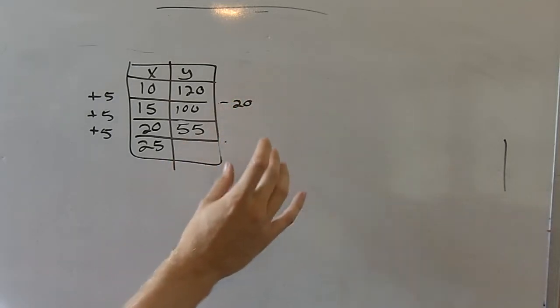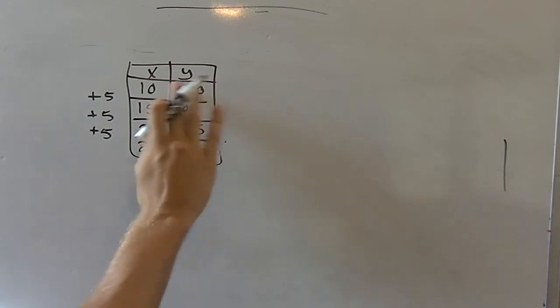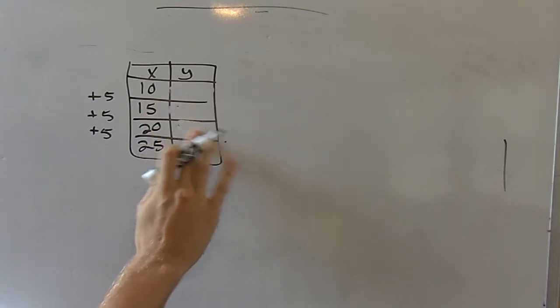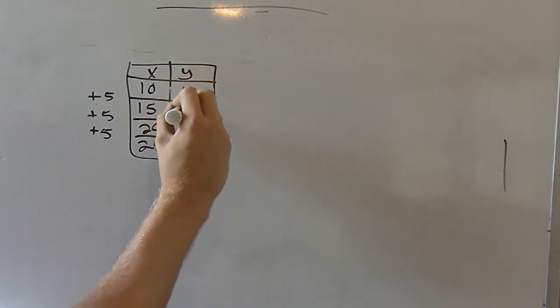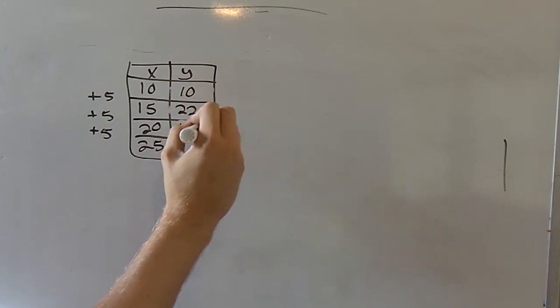Typically the rate of change you're going to see over here is going to be getting bigger; y will increase by a greater amount each time. So it may increase by 12 and then 20 and then 28. So the increase is being increased by 8. Let's say for example we'll go 10, 22, and then 42, and 70.